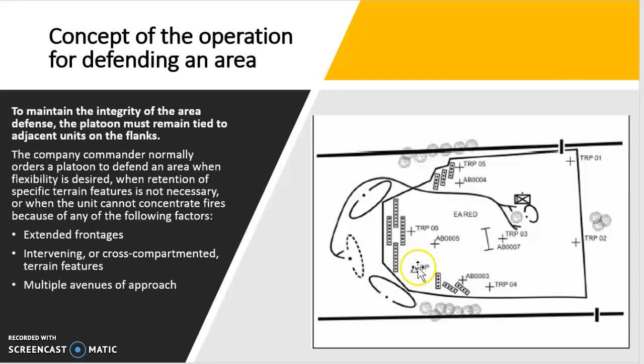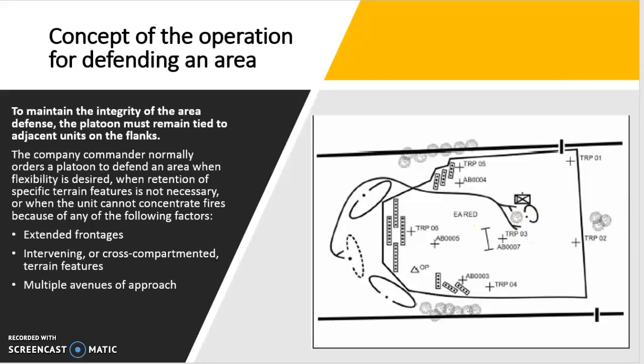You might have a forward observer in here, and obviously different targets and reference points denoted by the terminology of TRP and a target number, or a target number like Alpha Bravo 0004. This is also a linear target. So this target, you would call for fire, and then you would be able to put an artillery strike in a linear fashion, as denoted by this line.